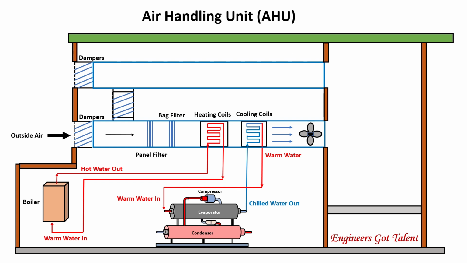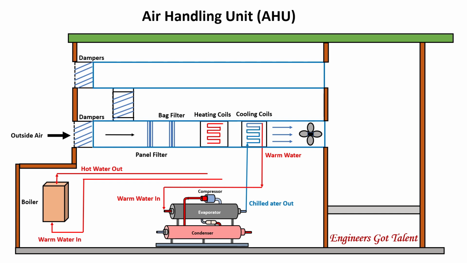The AHU has built-in temperature and humidity controls depending on the room specifications. In this presentation, we will use the cooling coils to supply cool and conditioned air and put the heating coils offline. A blower or fan blows the conditioned filtered cool air into the rooms.